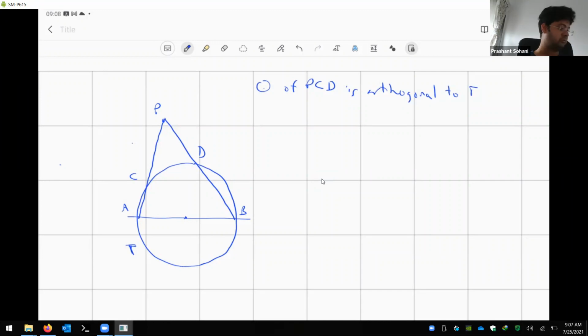Can you recognize that this diagram is a subset of something that you already know? Have you seen this diagram somewhere before? What are these points C and D? Feet of altitudes, okay.